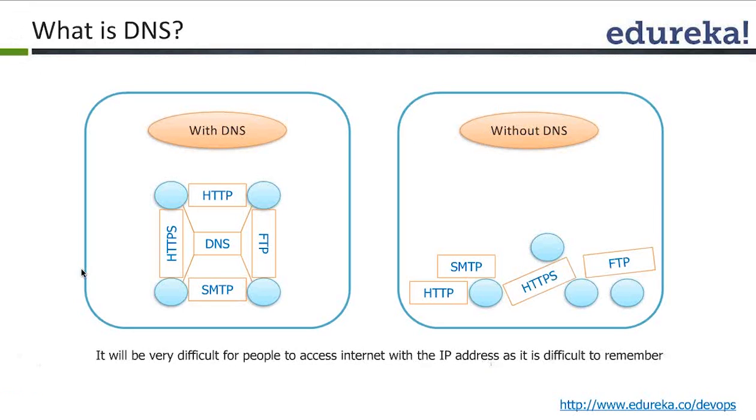Now, how does DNS come into this? Earlier, when we had fewer systems, we invariably knew our IP addresses, and it was very easy to remember the set of machines within your own department. But that's not the case today.